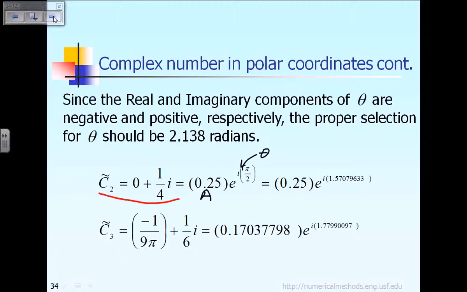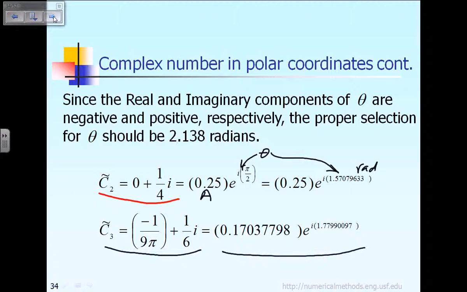And pi over 2 is the same thing as 1.57 radian.